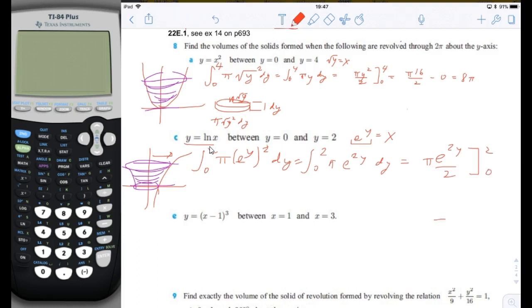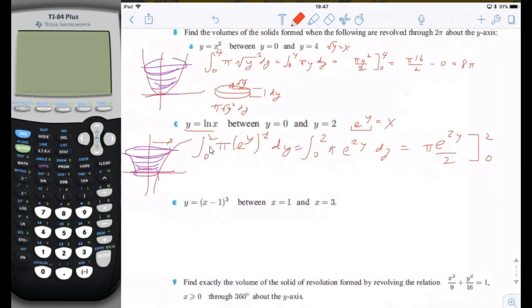Then I substitute in 2 into my integrated function, and it'll be pi e to the 4th over 2. Then I put 0 in for the y, and it'll be pi e to the 0, which is pi times 1 divided by 2. So that would be minus pi over 2. So basically I got pi times e to the 4th minus 1, divided by 2.